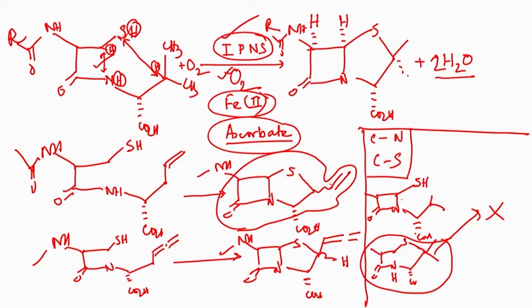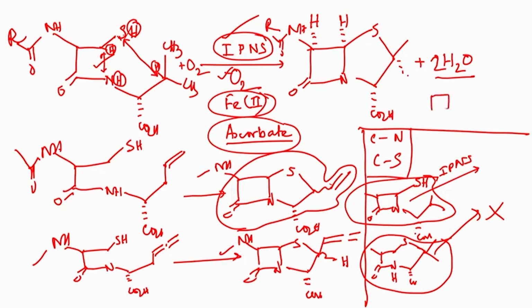So, they wanted to make this molecule and show it to the enzyme, and they thought that they would immediately get the penicillin. However, the problem was this molecule has a very short half life. Within 15 minutes, it is destroyed. Why?